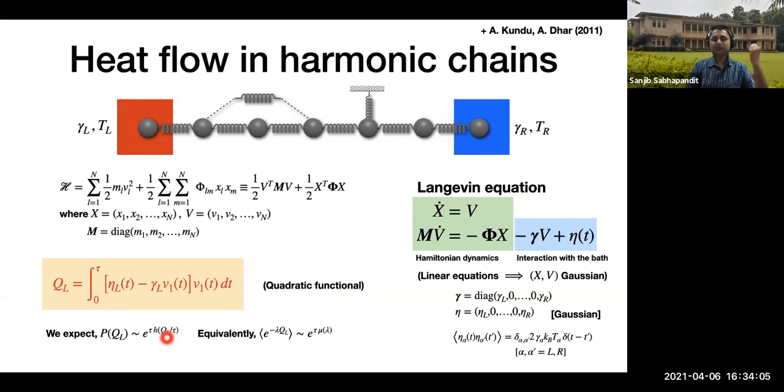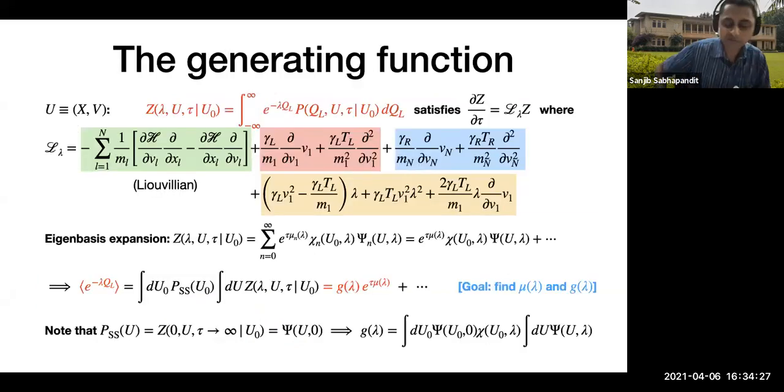So you are interested in this large deviation form, or equivalently in this generating function, which has this form in terms of exponential tau mu of lambda, and possibly there is a prefactor, and you are interested in finding this mu of lambda and this prefactor.